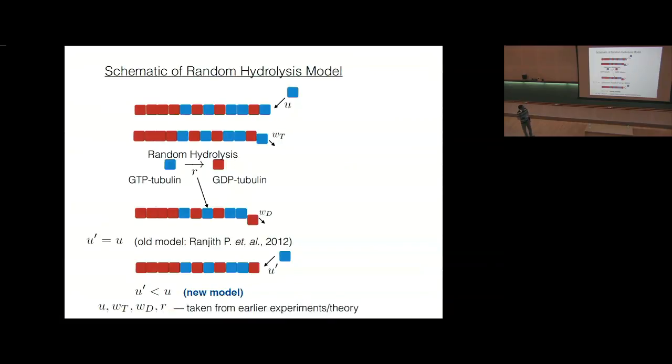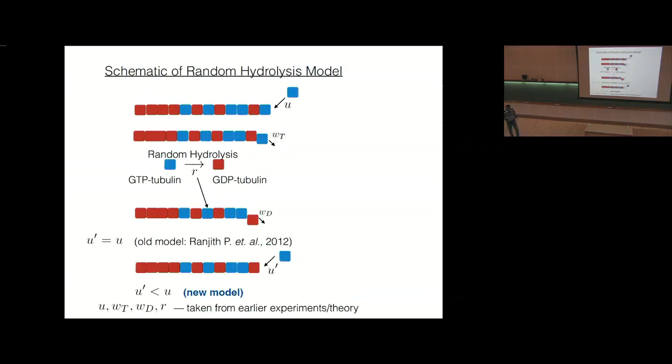We wanted to improve on that and make it something natural: when you have a GDP tubulin, like a red monomer, polymerization becomes difficult. So there was a polymerization with a rate U. Now we'll say that when there is a red one here, the blue monomer to come and attach will have a rate U prime. U prime is a lot lesser than U. Okay, so that's what I do.